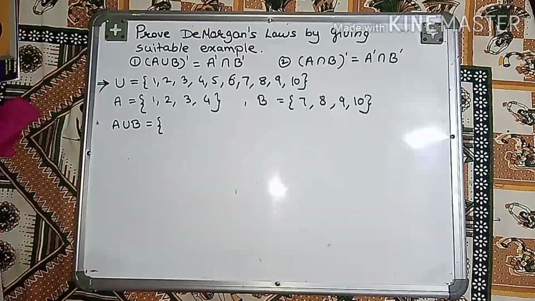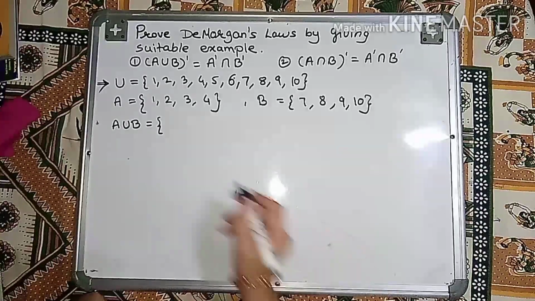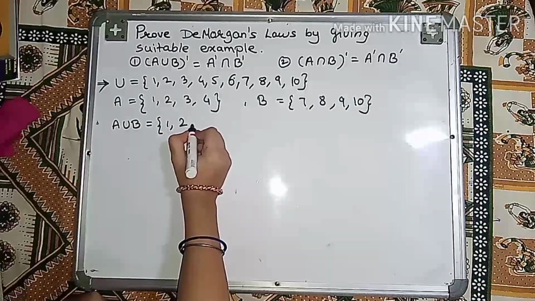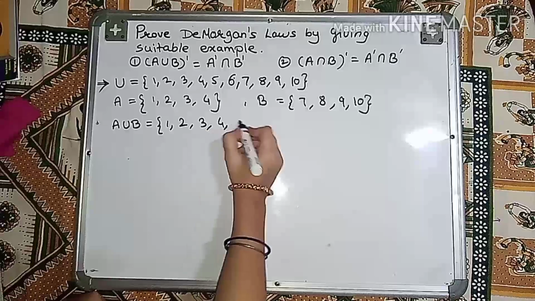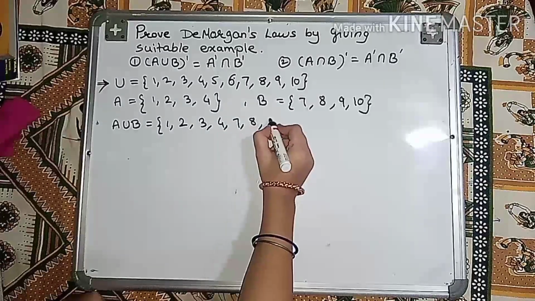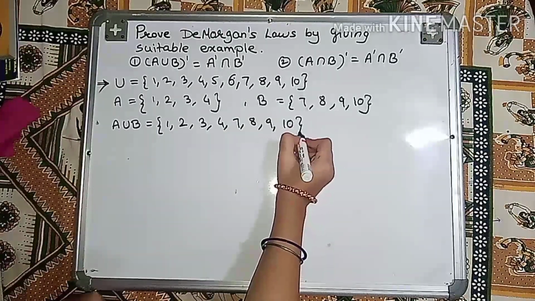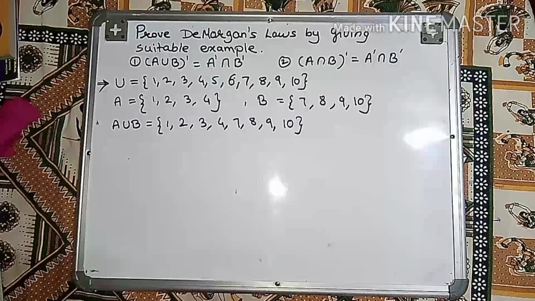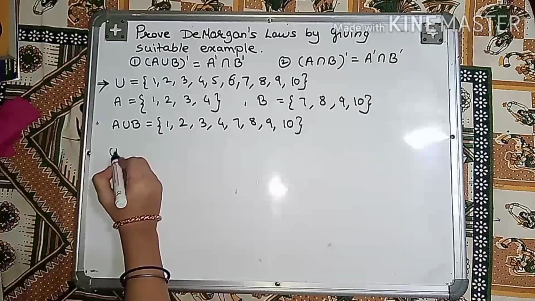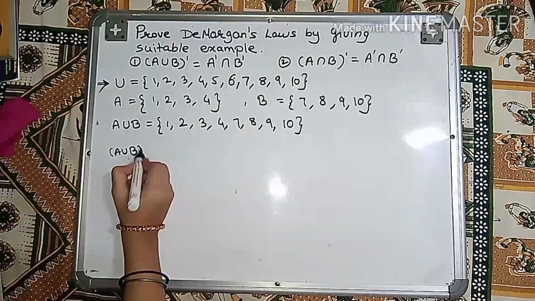A union B means it is a set of elements which is either in A, or in B, or in both. So what we get? 1, 2, 3, 4, 7, 8, 9, 10. Next we will find the complement of A union B. Now what is the complement of A union B?